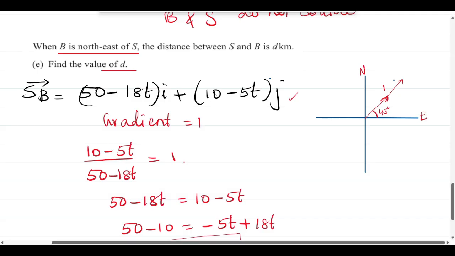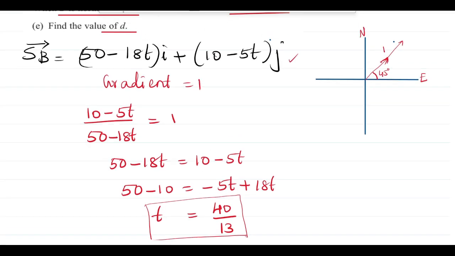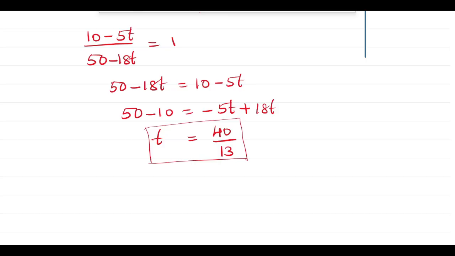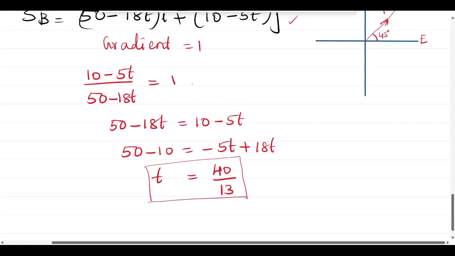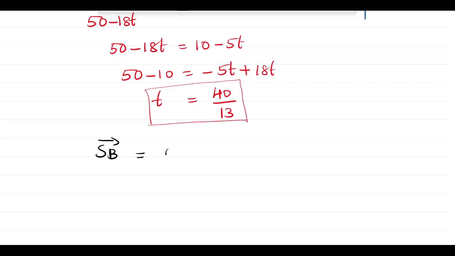The distance between S and B. So let's find the distance by replacing t equals 40 by 13 in the vector SB, which is 50 minus 18t into i plus 10 minus 5t into j.